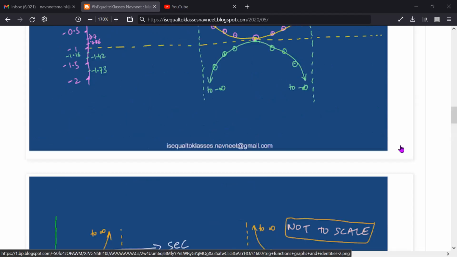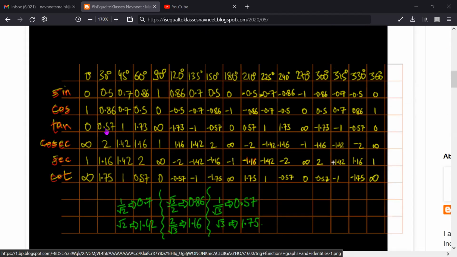Similarly, I have values of tan, and I agree to what you were saying. See, if you look closely, for tan, 0, 0.57, 1, 1.73.